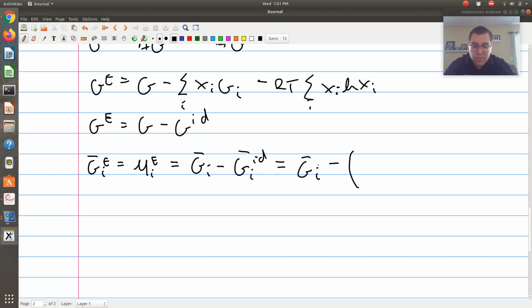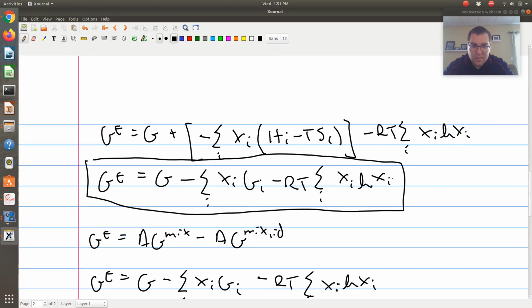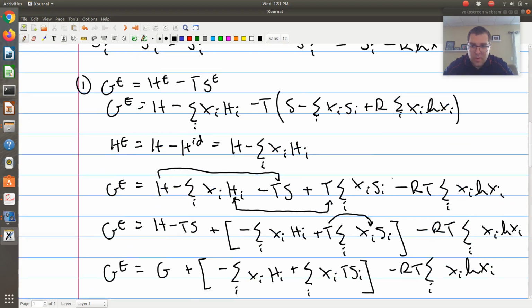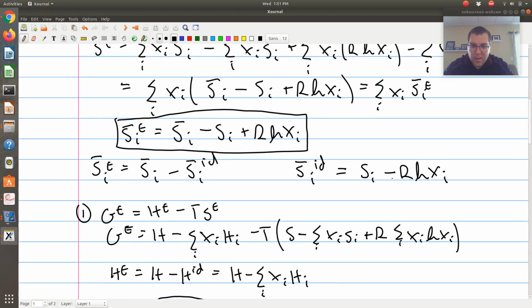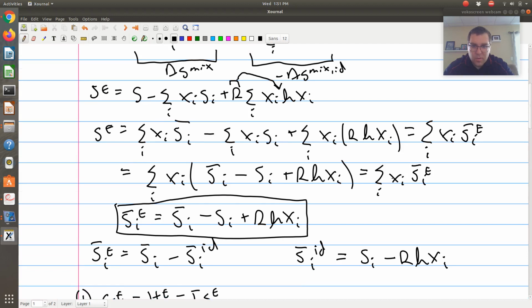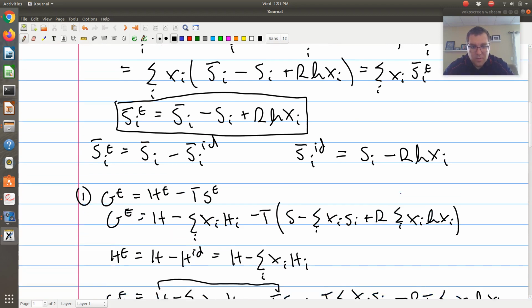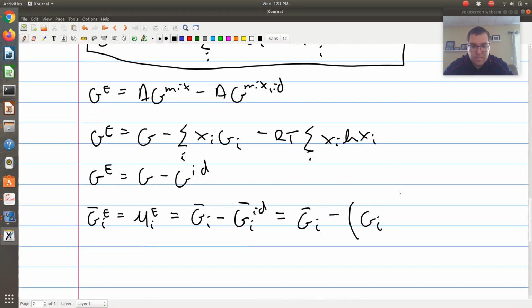If you look back at our notes, G bar i ideal should be Gi, and then it's always a matter of remembering if it's plus or minus. So I'm going to peek back at entropy. Where did we write down Si ideal? S bar i ideal was Si minus R log xi. So G is going to have the opposite sign.